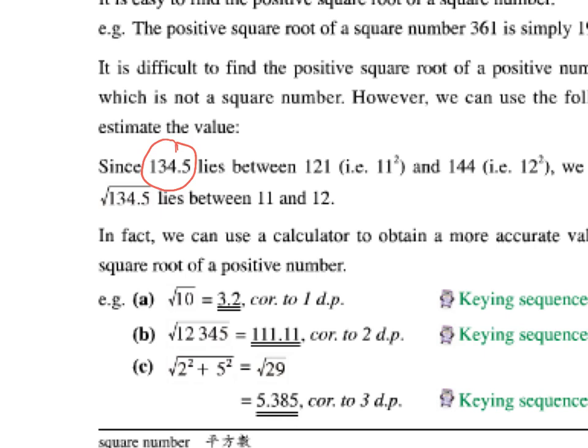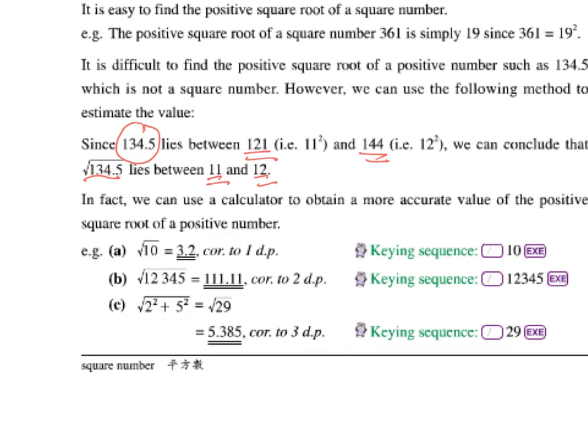We think about the square numbers greater than 134.5, that is 121 and 144. So we know it should be in between. If we take the square root, it should be between 11 and 12. That is the purpose of square numbers. In the old days we didn't have calculators, but now that is not very important for you.